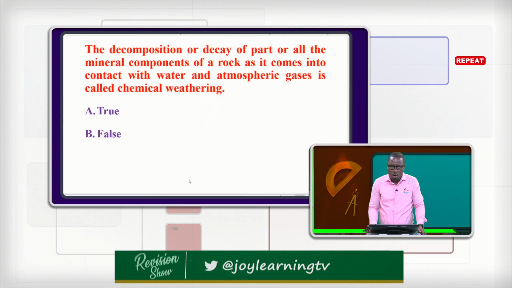True or false? I repeat the question. The decomposition or decay of parts or all the mineral components of a rock as it comes into contact with water and atmospheric gases is called chemical weathering. Do you agree with this statement? If you agree, call me and tell me, yes, it is true. And if you do not, tell me it is false.